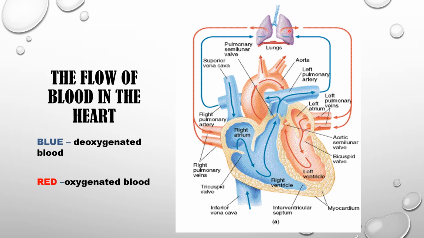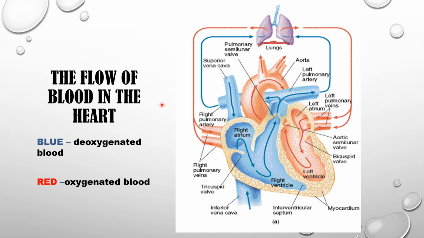From the lungs, the oxygenated blood goes to the heart through the left and the right pulmonary vein. From there, it moves down to the left atrium, which is the receiving chamber of the heart, moves down to the bicuspid valve, then to the left ventricle, then to the semilunar valve, then to the aorta, and to the different parts of the body to deliver the oxygen needed by our body cells.